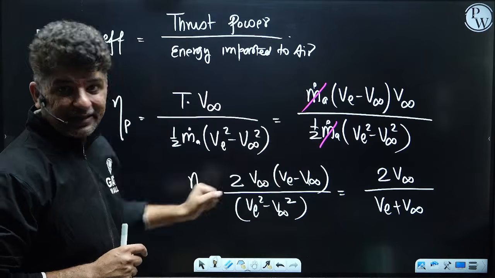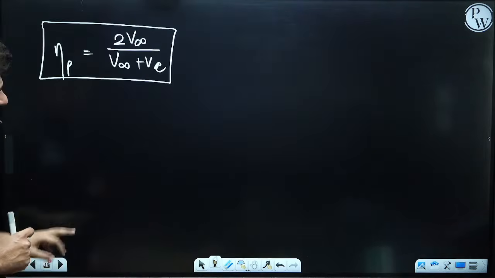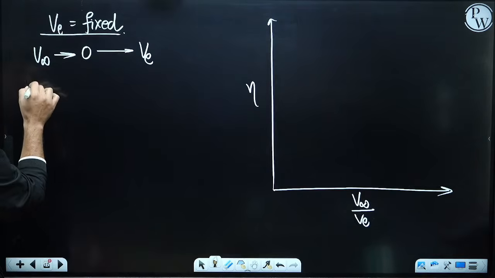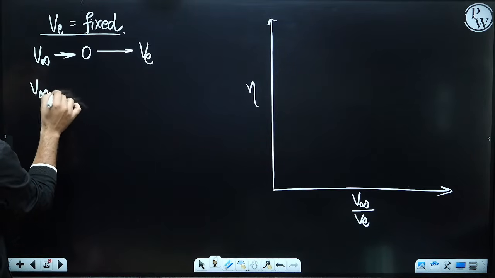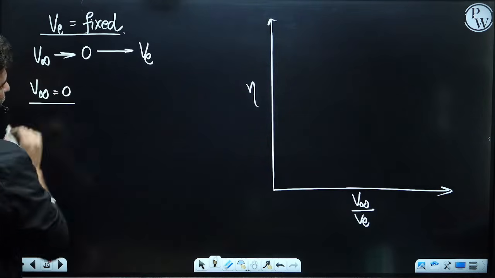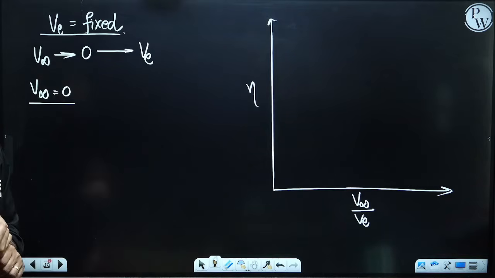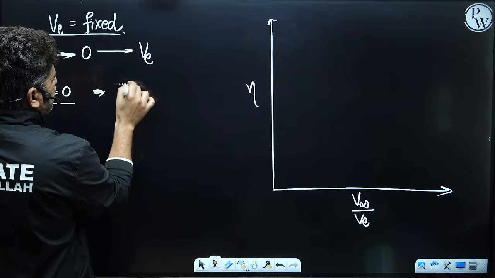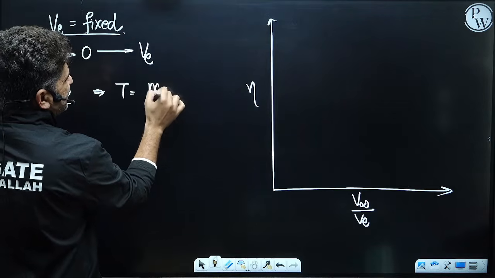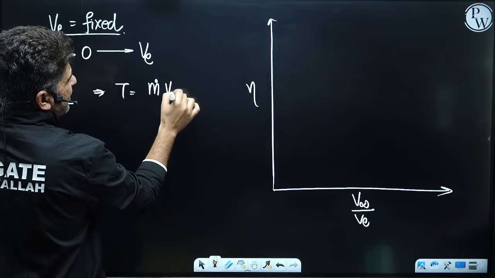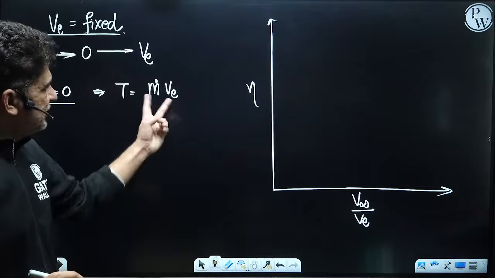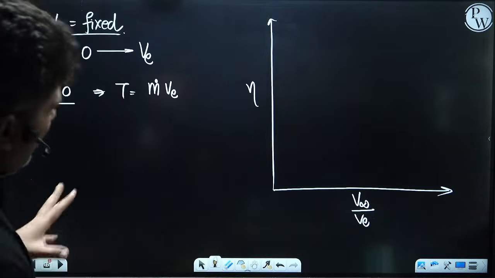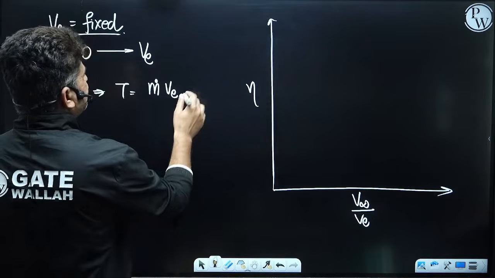So this is mostly for air breathing engines. Let's say when velocity V infinity is equal to 0, what will be the thrust? Thrust will be equal to mass flow rate of air into V exit, and this will come out to be maximum, very high.